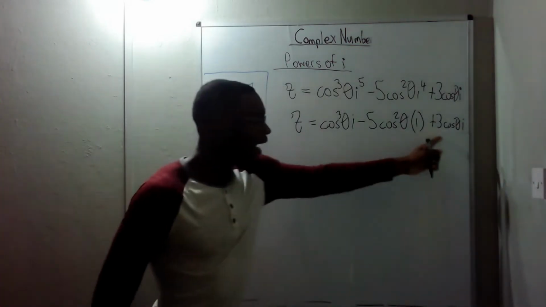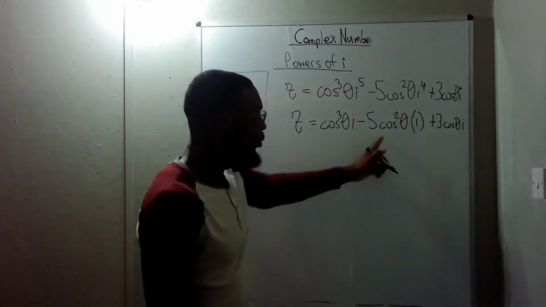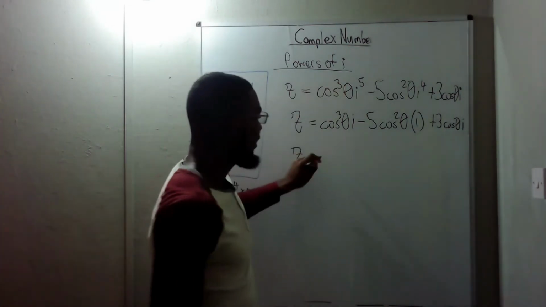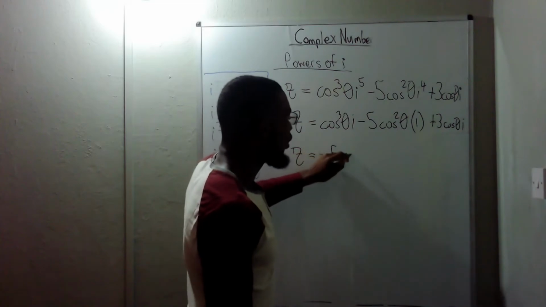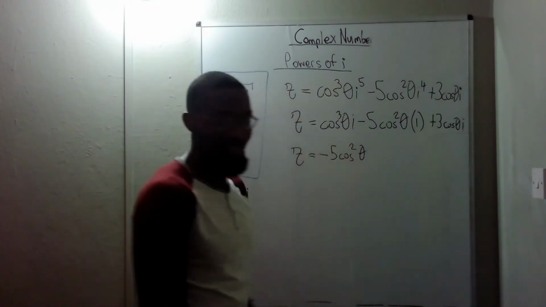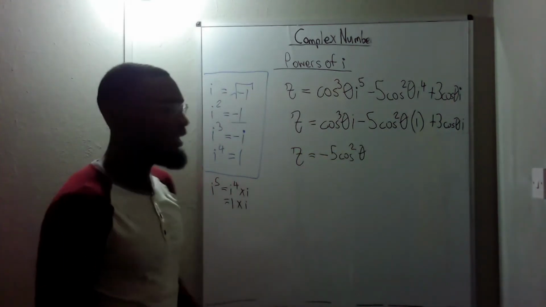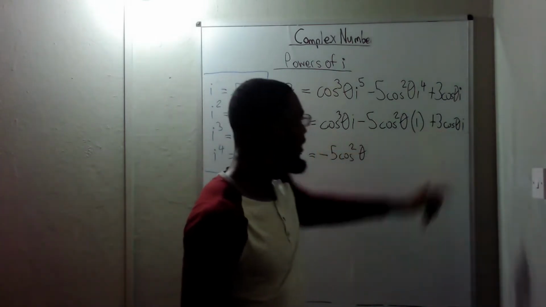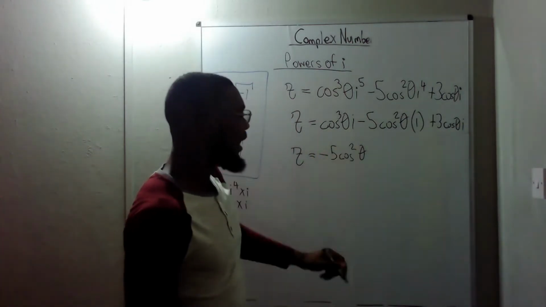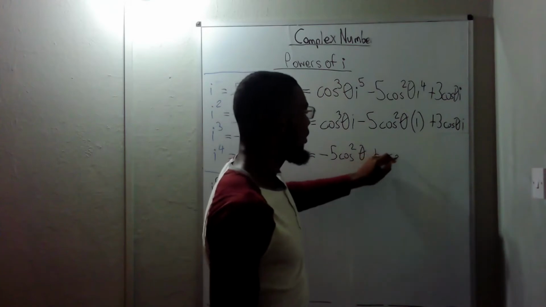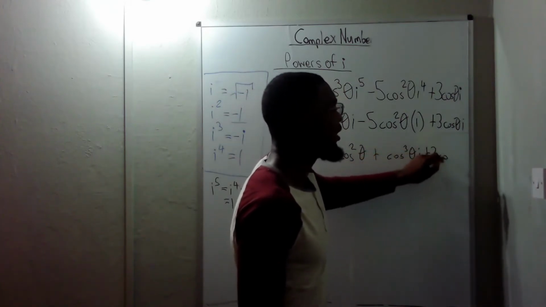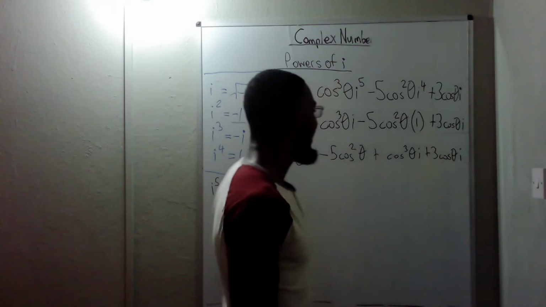Now we just need to group them together and put the real part first. So the real part first, that's minus 5 cos squared theta. Then we have cos cubed theta plus 3 cos theta in terms of i. So that's plus cos cubed theta i plus 3 cos theta i.